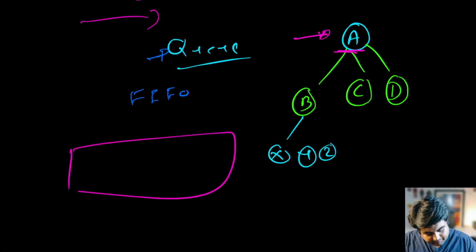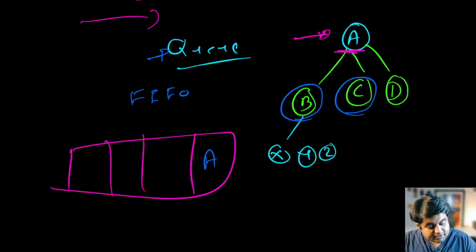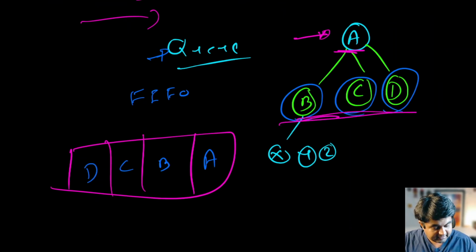Currently my queue is empty, so I'm going to add an entry A over here, and then I'm going to enter all the neighbors of A that are currently present. These values are going to be B, C, and D. Once I have explored all the neighbors of A, then I can get rid of A, because I have already processed A. But in the meantime, I haven't processed all the remaining values, because they are still within the queue.